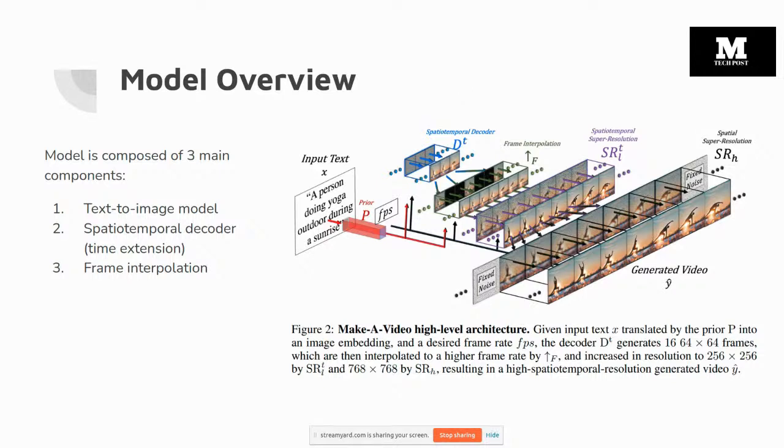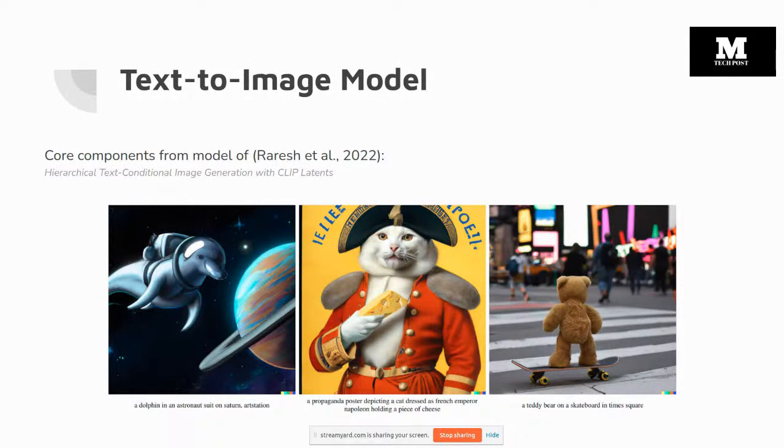So now I'm going to describe the three components that the authors are using. So first, the text to image model. And they said that basically they use the core components of the model of Ramesh et al. from 2022. That is this article that is titled Hierarchical Text-Conditional Image Generation with CLIP Latents.